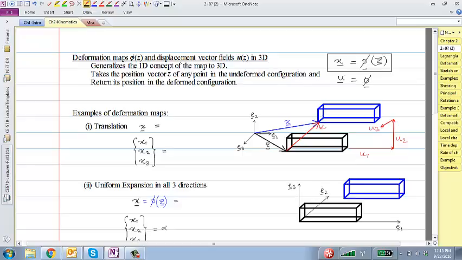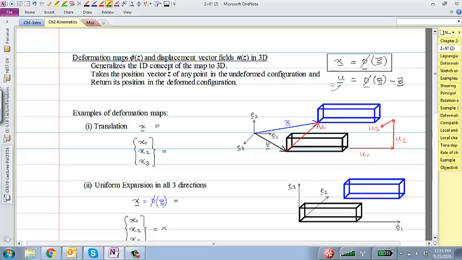That's displacement. So if I have some point z in this undeformed body, I know that the initial position is z. So whatever I come up with for the final position, I have to subtract z from it. The final position is just given by phi of z. That's phi of z minus z. That's the displacement map.